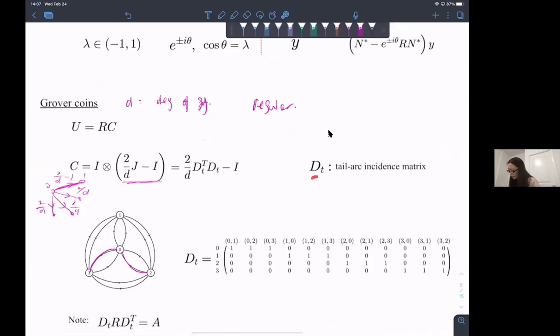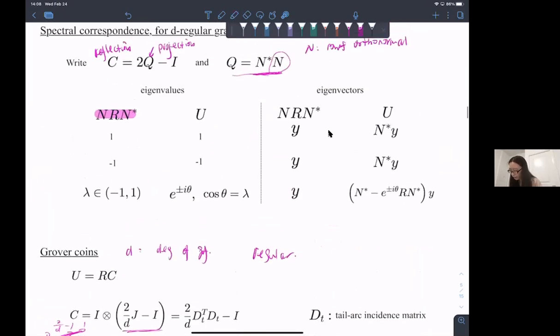So D_t records the incidence structure of the vertices and the arcs. Okay, and a vertex is incident to all the outgoing arcs of that vertex. Now this D_t is our N in this table.